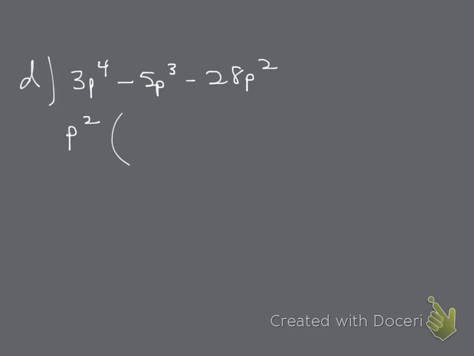So now the easy thing is I can bring down my numbers: 3, -5, and -28. Now I just have to put the p values there. So p to the 4th power divided by p squared is p squared. 4 minus 2 is p squared.